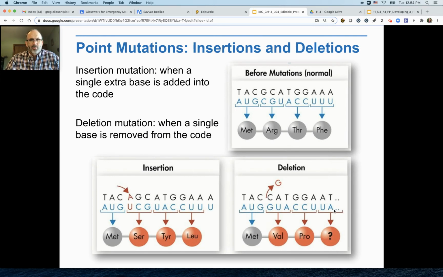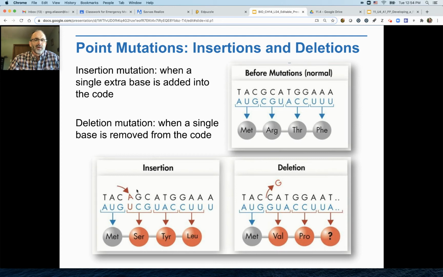Now, point mutations can occur in two different ways. An insertion, we can put something in, or a deletion, we can take something out. And each time that's going to result in what we're going to call a frame shift mutation. And so it's going to possibly change the amino acids from that point onward in the reading process.